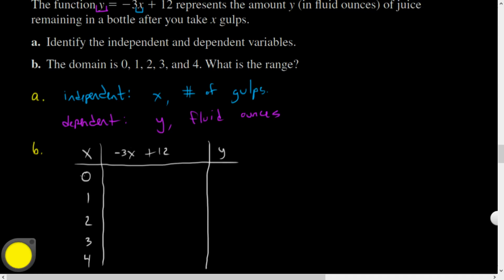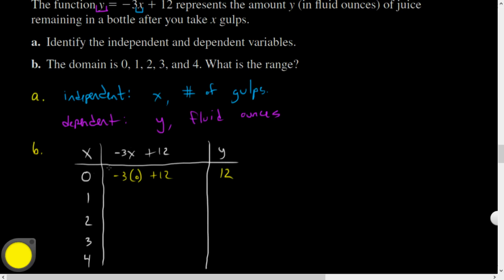If I plug in 0 for x in this function, I would have negative 3 times 0 plus 12. And now I'm just going to PEMDAS this. Negative 3 times 0 is 0, and 0 plus 12 is 12. So when I input 0, the output is 12.